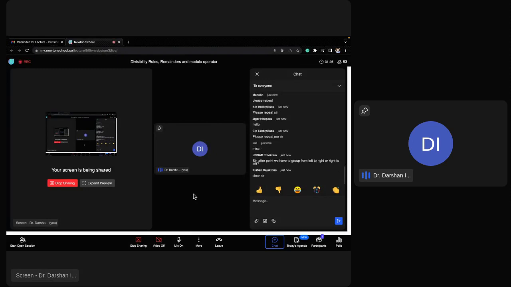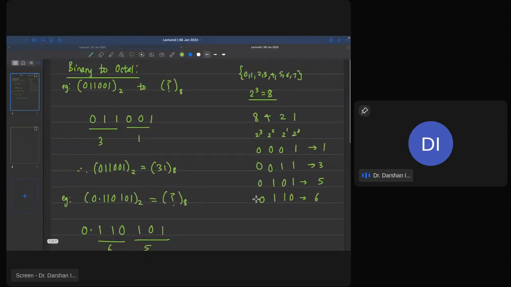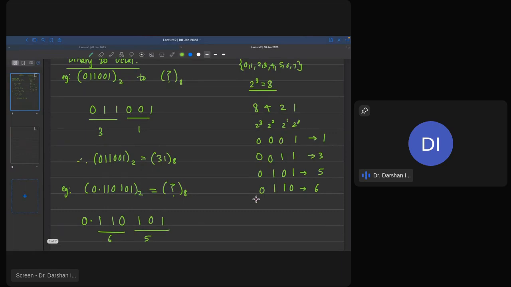Okay, now I want everyone to answer. I'll explain it once again and then I'll take your point. Look over here. The first example I have taken where there is no point for simplicity, if I have this, you group it into three because it's octal. Group of three.